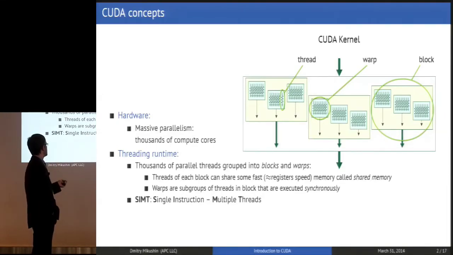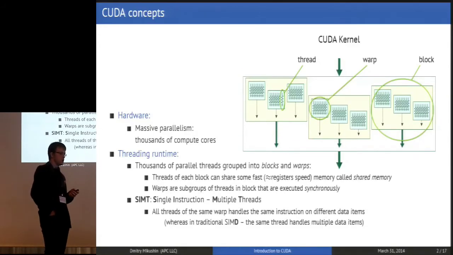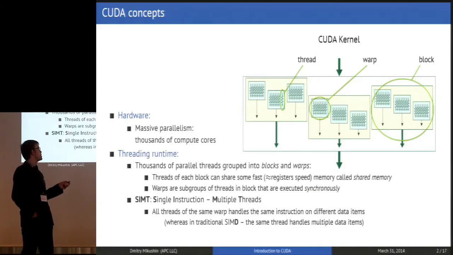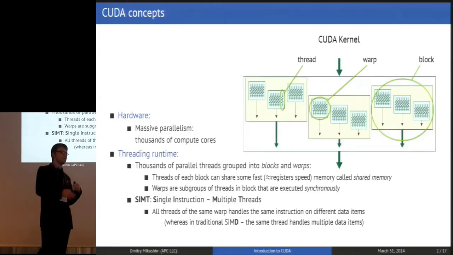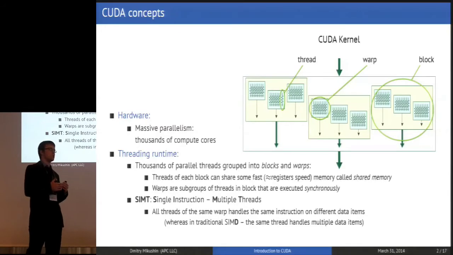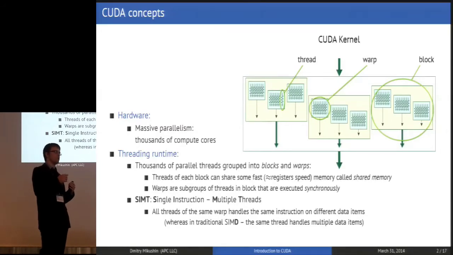SIMT, single instruction, multiple threads. It was introduced by NVIDIA to distinguish this synchronous and asynchronous parallel model from SIMD, with D for data, where we have one thread performing the same operation on multiple data points.